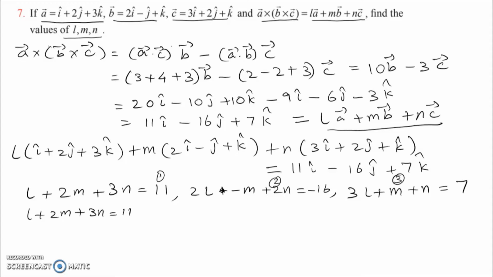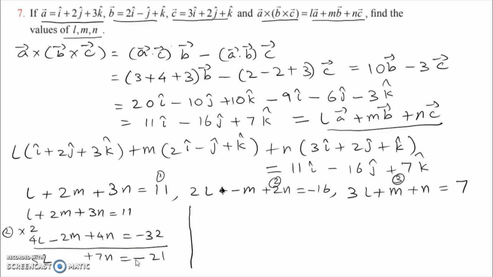Now multiplying the second equation with 2, we get 4L minus 2m plus 4n is equal to minus 32. So adding the two equations, you will get 5L plus 7n is equal to minus 21.